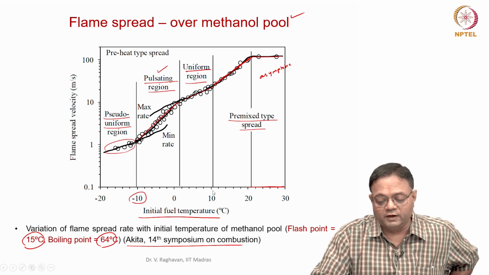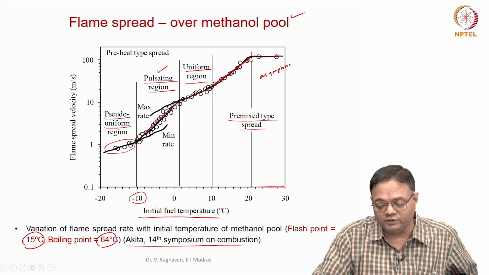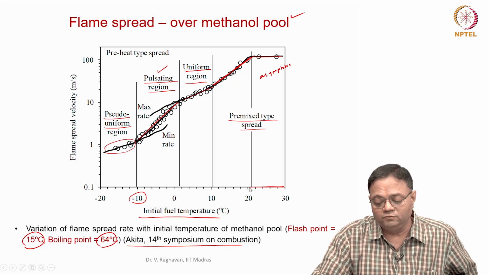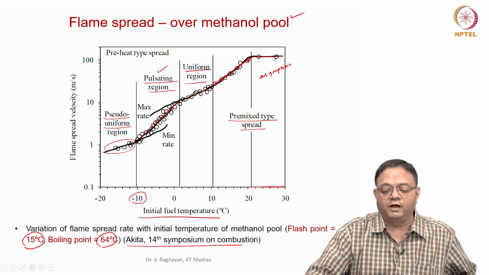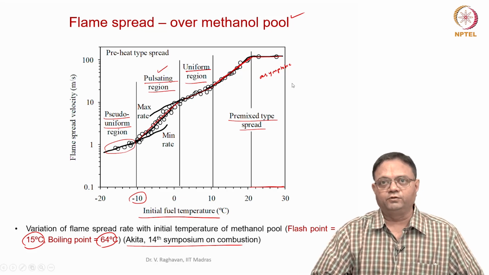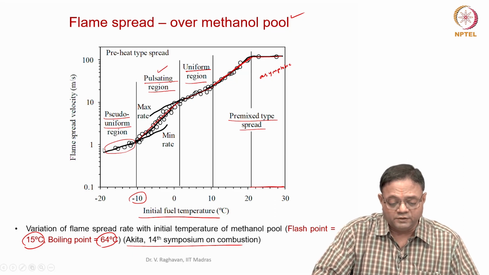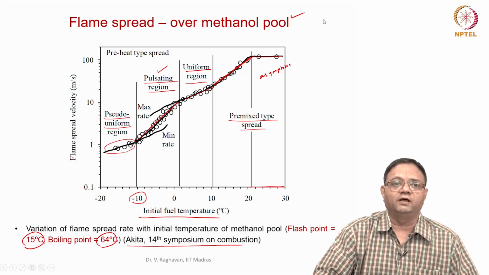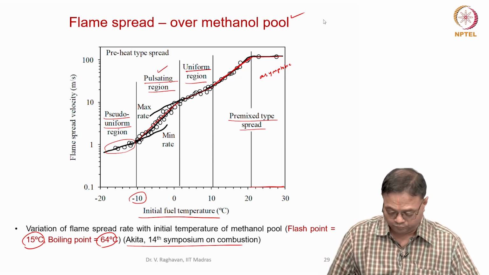When you increase the temperature beyond the flash point, you can see a good increase in the flame spread velocity, and after that, beyond 22-23 degrees, if you increase the initial liquid temperature, there is no big effect on the flame spread velocity. So, an asymptotic region is reached. This is the aspect of flame spread, which is highly dependent on the initial liquid temperature.